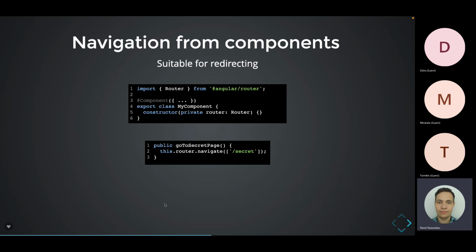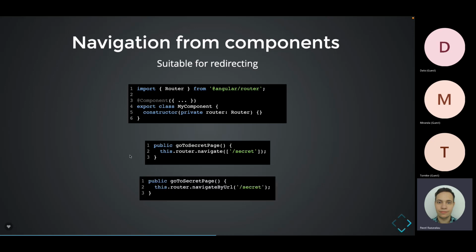In our case, we can programmatically perform the navigation. To do so, we need to inject the router, which is a service, and invoke the navigate method, or navigateByUrl. The difference is in the type of the parameter that is passed to the method.